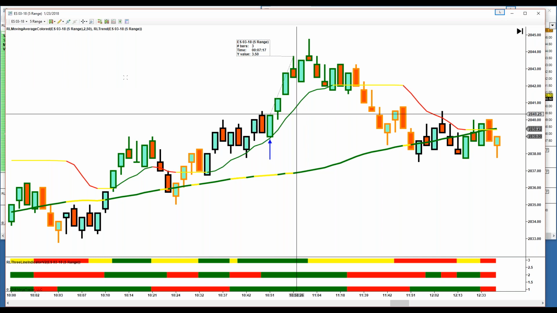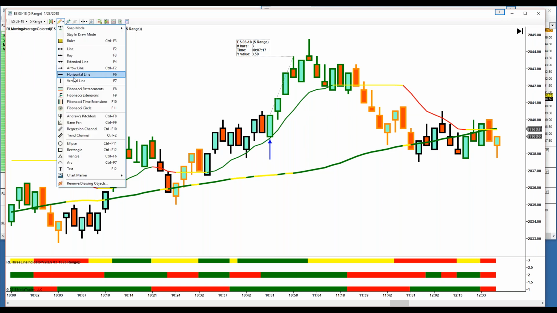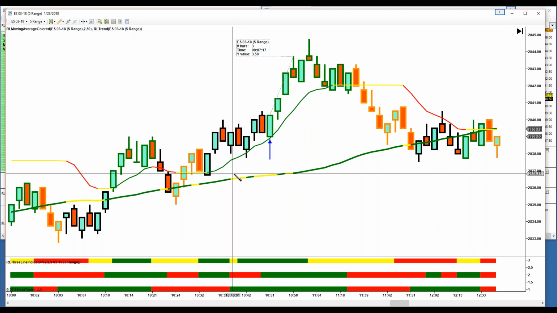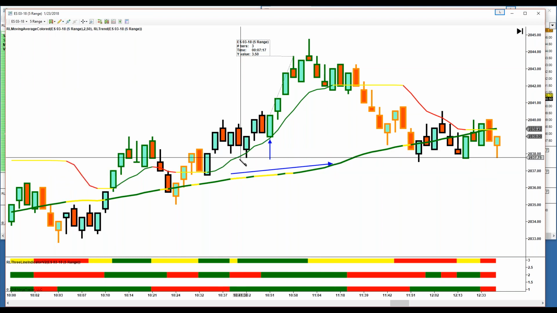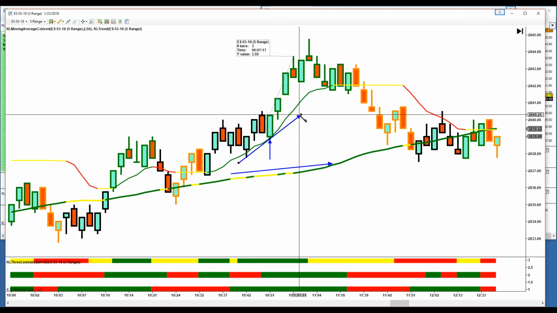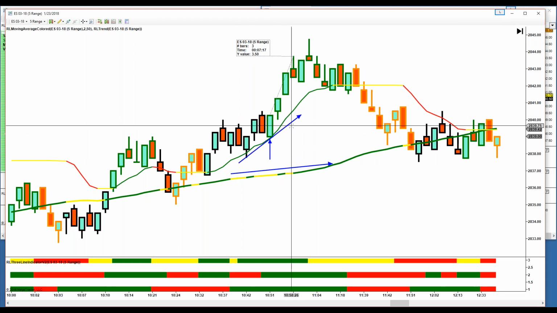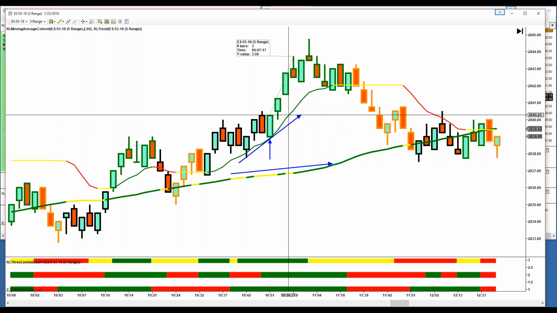And the best time to trade is when the 50 is yellow or green, but the key is this is a modified 15 period, and it's more than just a moving average. It's an indicator because it's combined with an ADX component, and that ADX component is a measure of volatility.